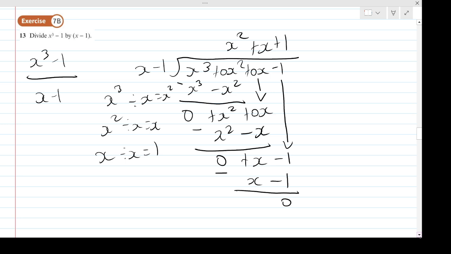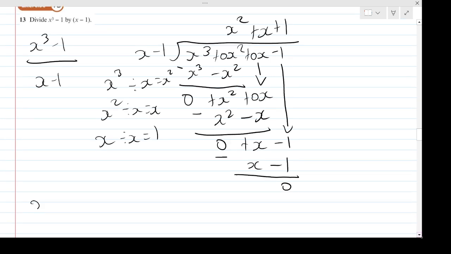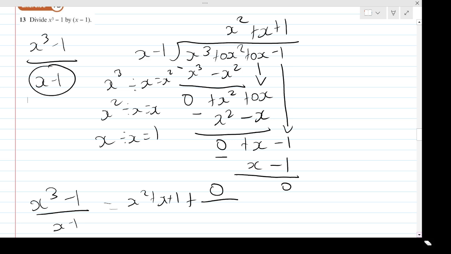So then, therefore, I can write this division. This fraction, again, it also represents a division, as our quotient, firstly. And then our remainder term of 0 over x minus 1.